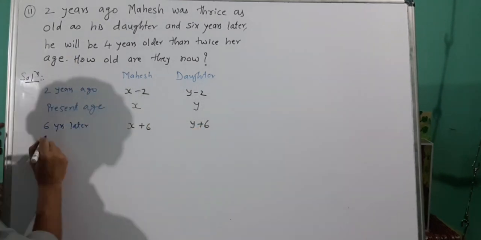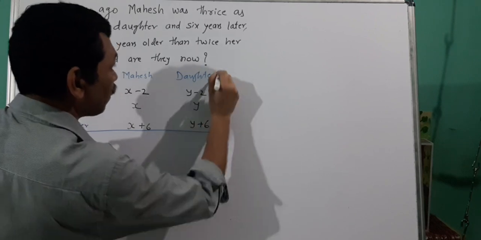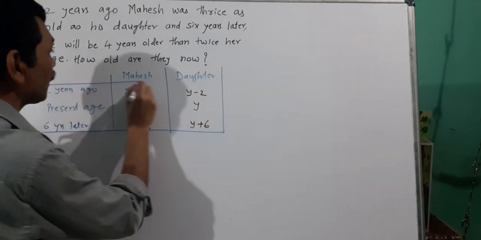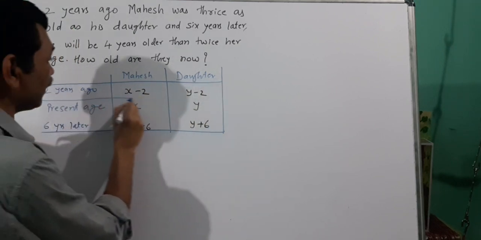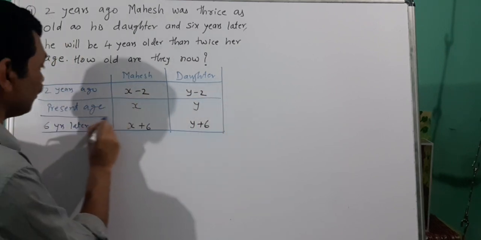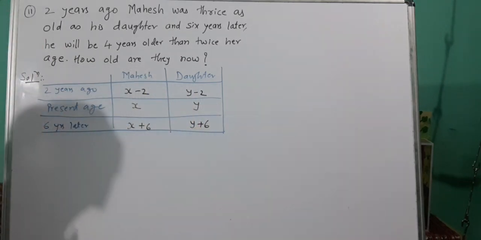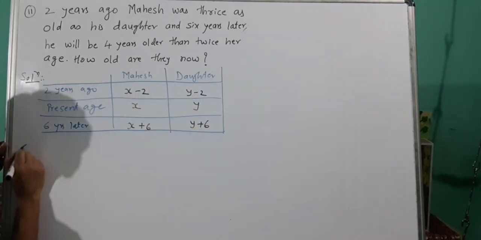So I am completing this table. We have taken the present ages of Mahesh and daughter as x and y, then 2 years ago minus 2, 6 years later plus 6.